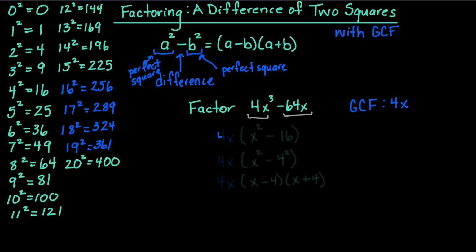So we're going to factor out 4x. 4x cubed divided by 4x is x squared, minus 64x divided by 4x is 16. Now that I've divided out my GCF, I'm left with x squared minus 16, which I recognize as a difference of two squares.